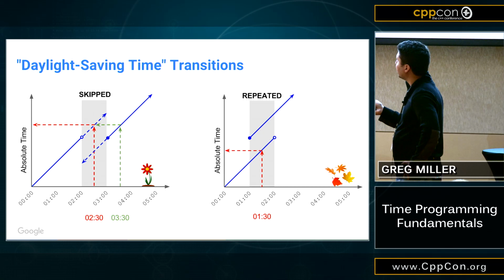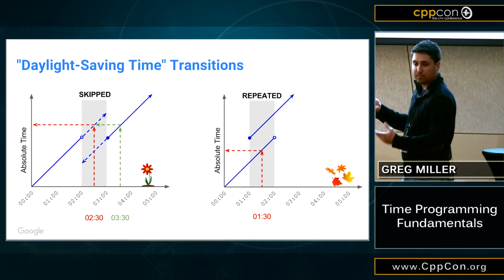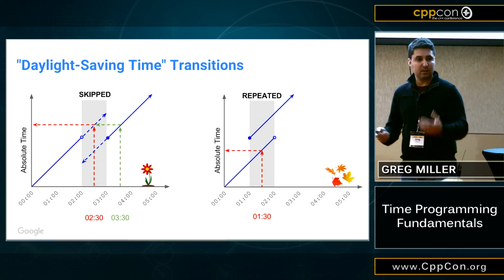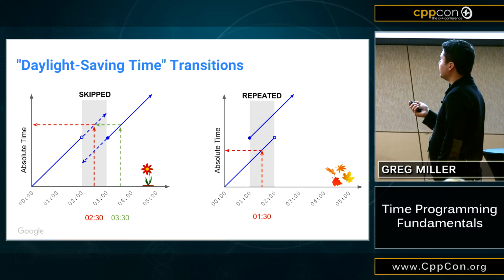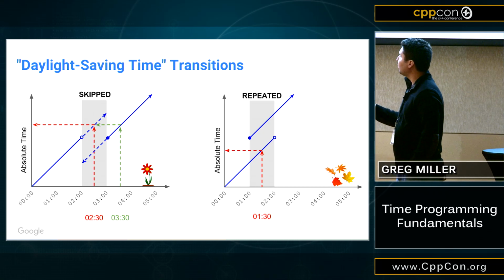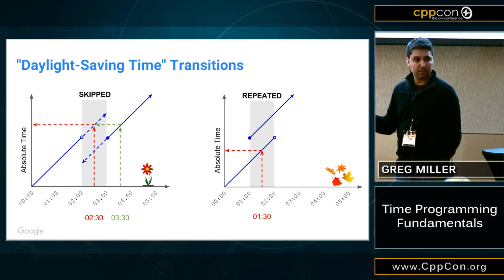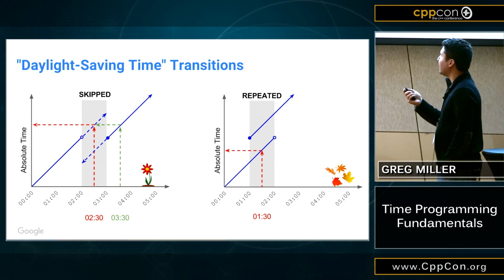So we go from 1:59 and jump over to 3 a.m. This diagonal blue line is time. It increases at 1 second per second. So the question is, what happens if you ask for the absolute time that corresponds to 2:30 a.m. on this day?